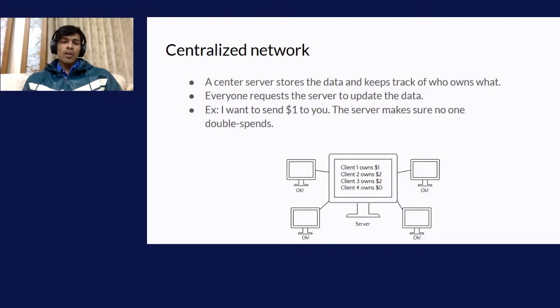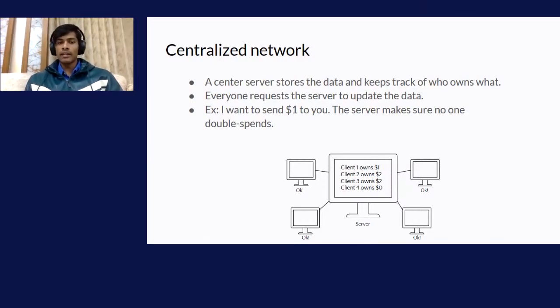Right. So then you have a centralized network. So there's a central server that stores the data and keeps track of the ownership data. Everyone requests the server to update the data, which means let's say your banking data or your balance is on the bank server. And when you do a transaction, the amount is deducted from your account and credited to another person's account.